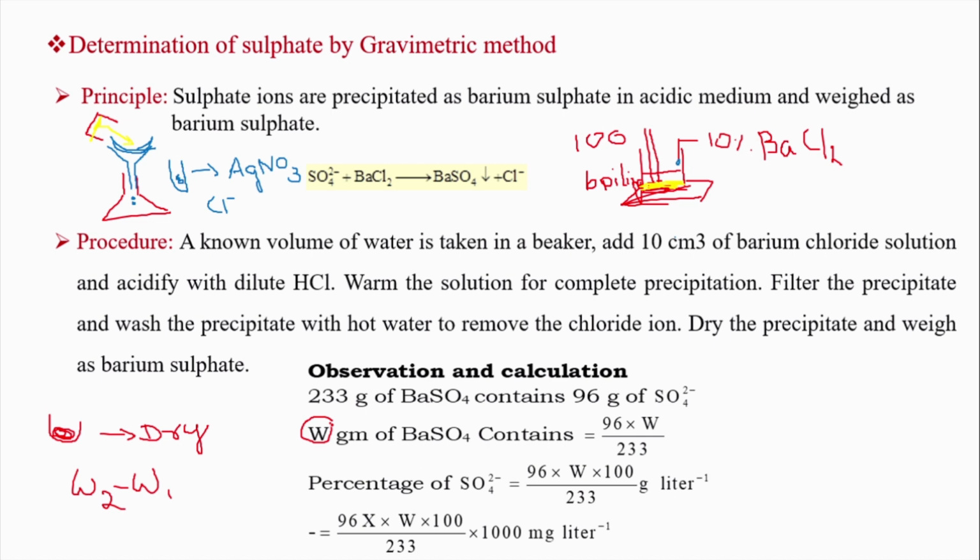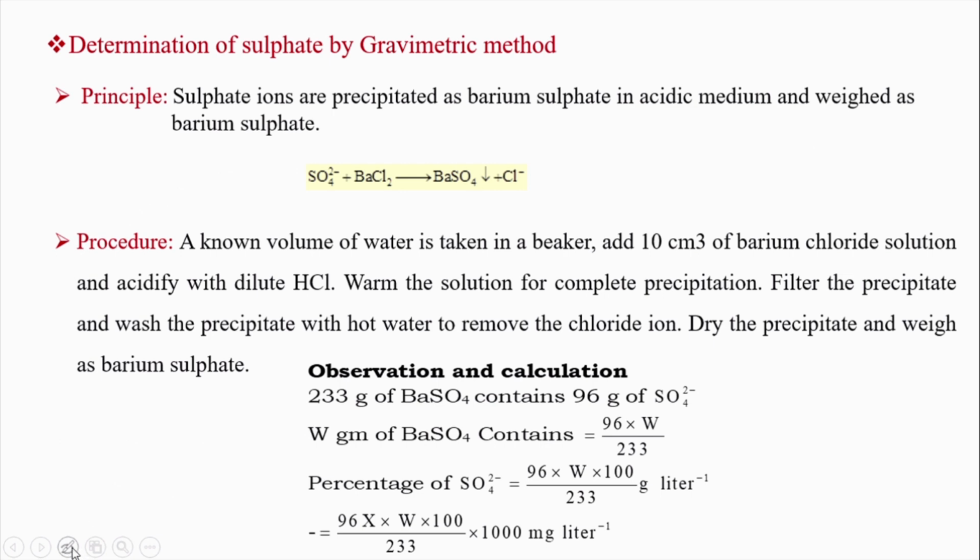Now moving on to the observations and calculations. The molecular mass of barium sulfate is 233 grams, whereas the molecular mass of the sulfate ion alone is 96 grams. So 233 grams of barium sulfate contains 96 grams of sulfate, whereas the weight of the barium sulfate precipitate formed in our experiment is W gram.